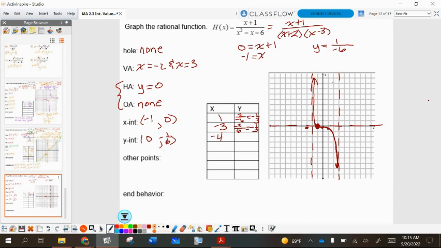Negative 4 plus 1 is negative 3 over negative 4 squared is 16, plus 4 is 20, minus 6 is 14. So negative 3/14. It's obviously a little fraction, so that's a little closer to that asymptote.